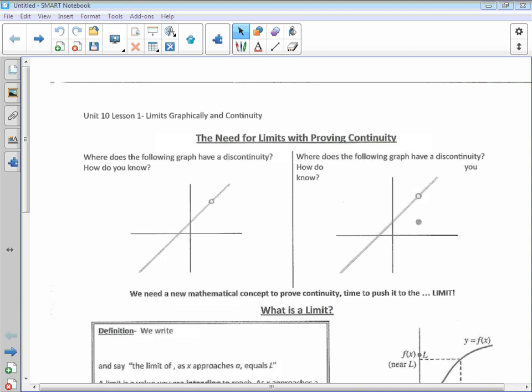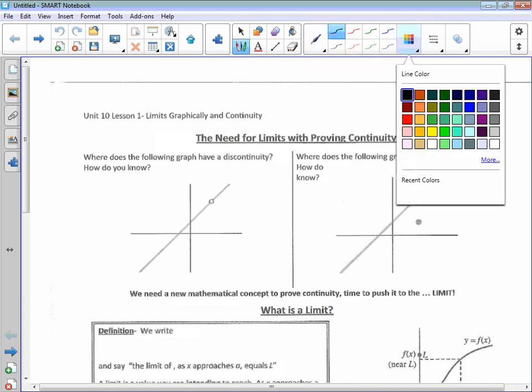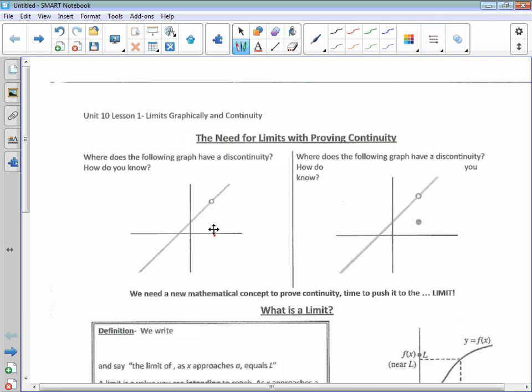Describing it in a mathematical way is very hard to do if you don't have limits. So the first one you might say, if this is the point, let's say that's at an x value of a, you could tell me the function value at a is undefined.